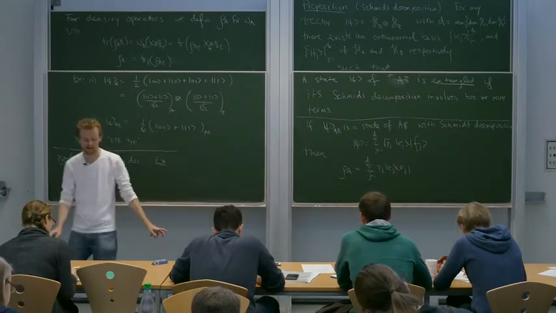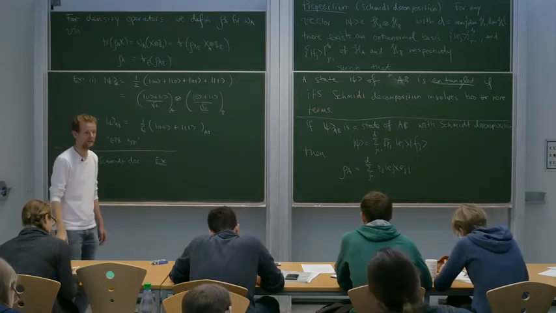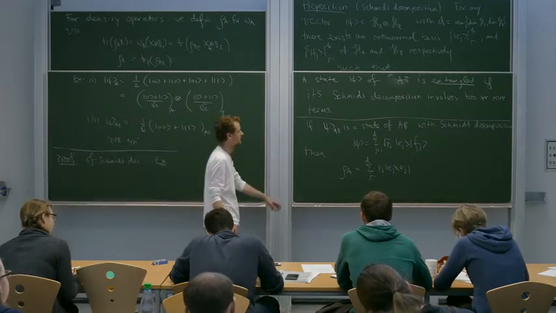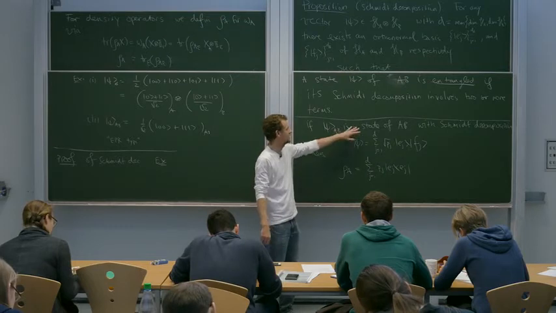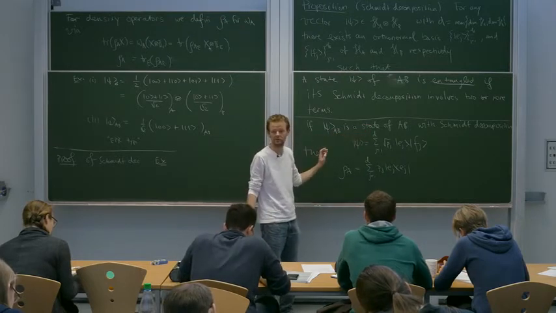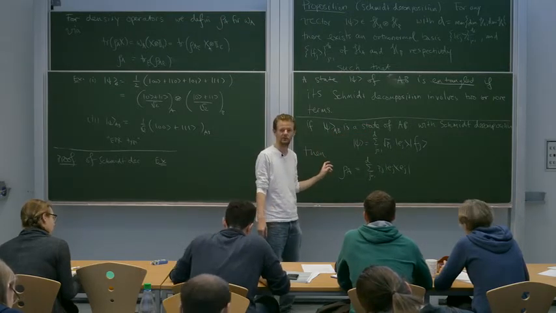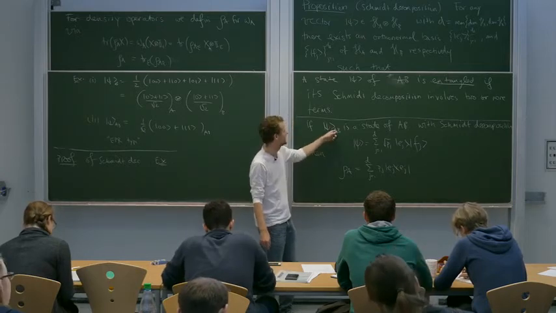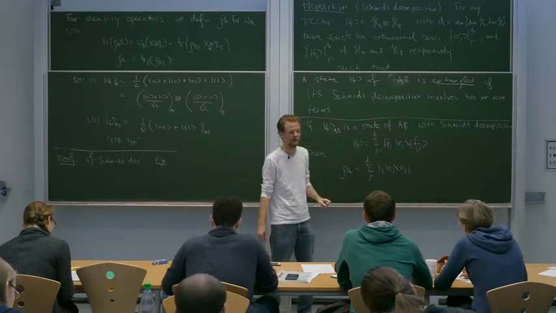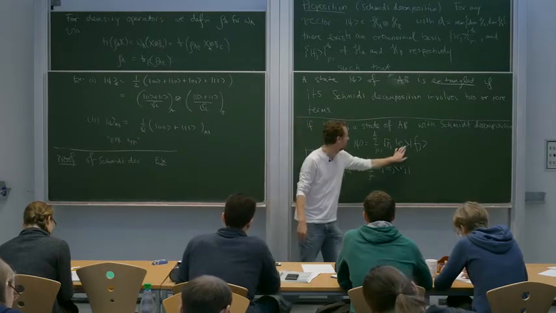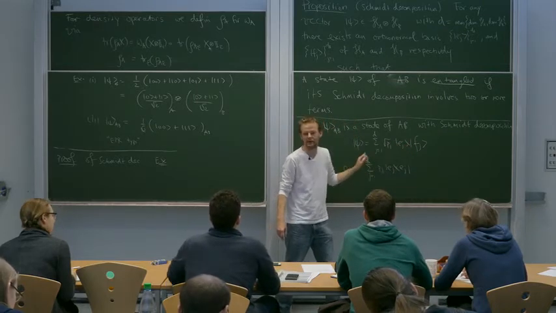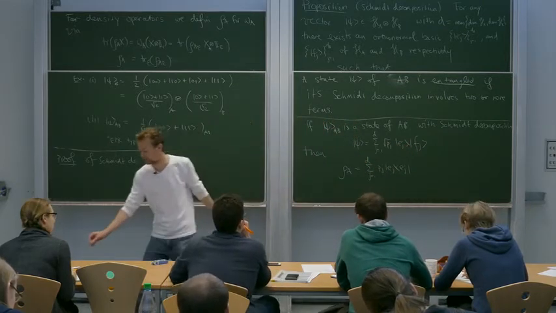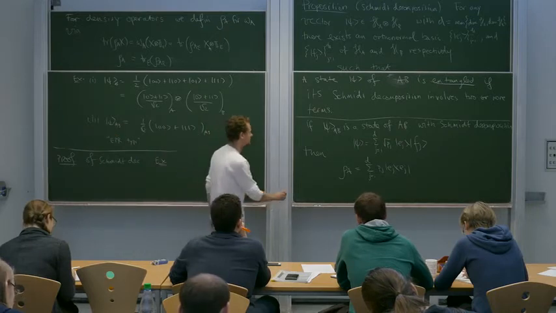This is a super handy result to remember. If you have a vector state of a composite system, a pure state of a composite system, and you want to work out its reduced state, then one way to do it is you work out its Schmidt decomposition and then turn this ket around, so to speak, and square that. So that's the formula. It's an exercise, but not a very tricky one.